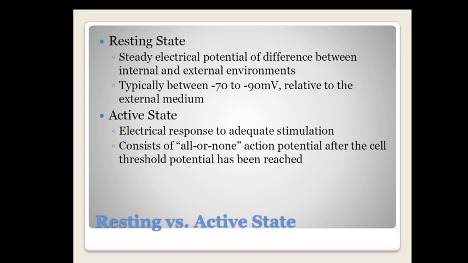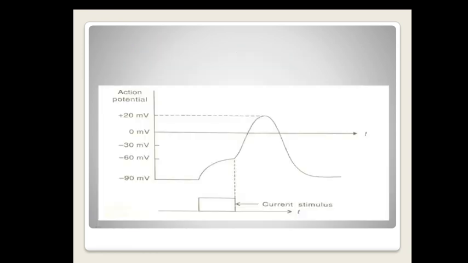Resting state is a steady electrical potential difference between the internal and external environment, typically between -72 to -90 millivolts relative to the external medium. And the active state is the electrical response to adequate stimulation, consisting of an all-or-none action potential after the cell threshold potential has been reached.